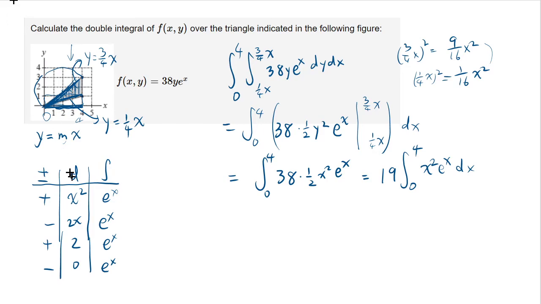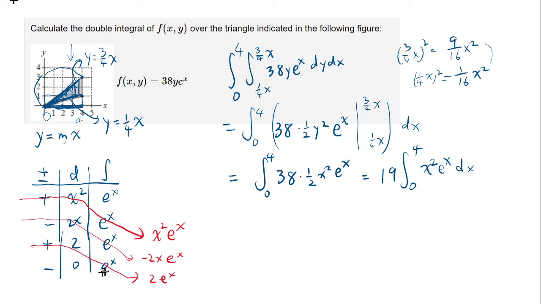Alright, then after you're done with this, you draw diagonals, like some kind of missile coming down. X squared times e to the x, and then you multiply here, which is negative 2x e to the x. This first column is alternating signs starting from plus, so if you multiply negative times 2x, that's negative 2x, right? And then 2 times e to the x. Whereas if you multiply like this, that's 0.